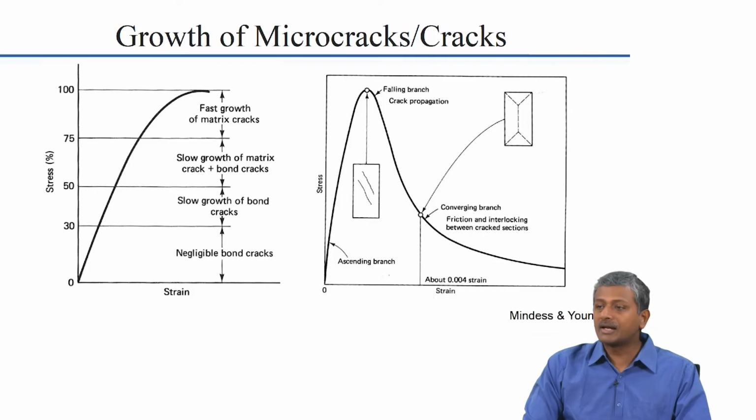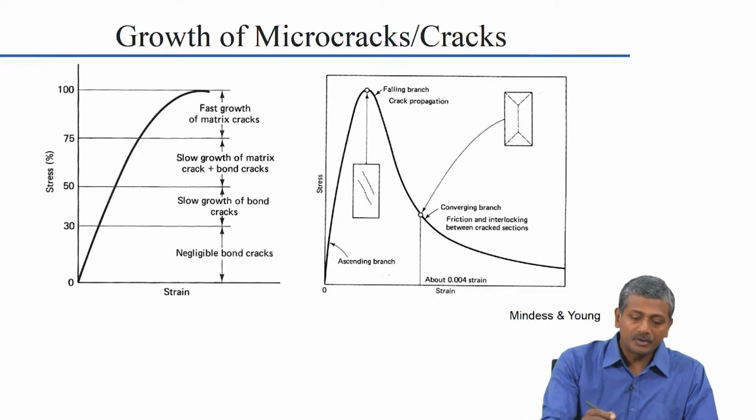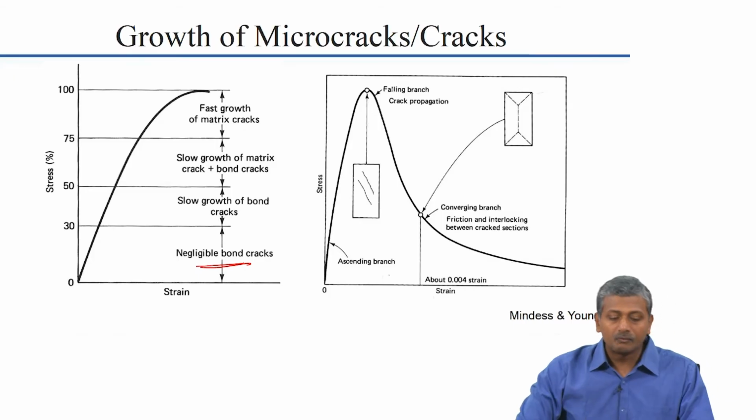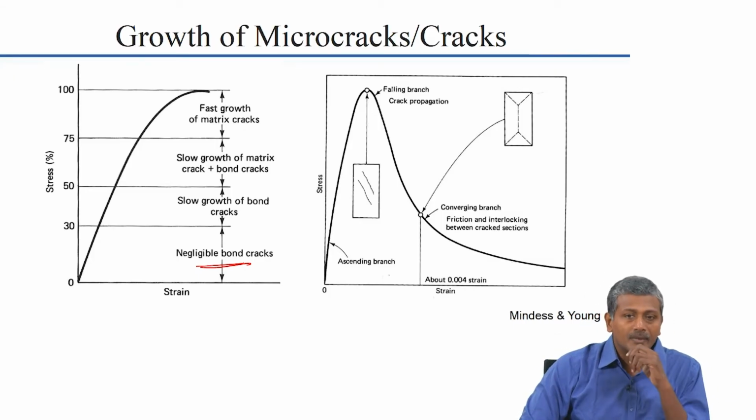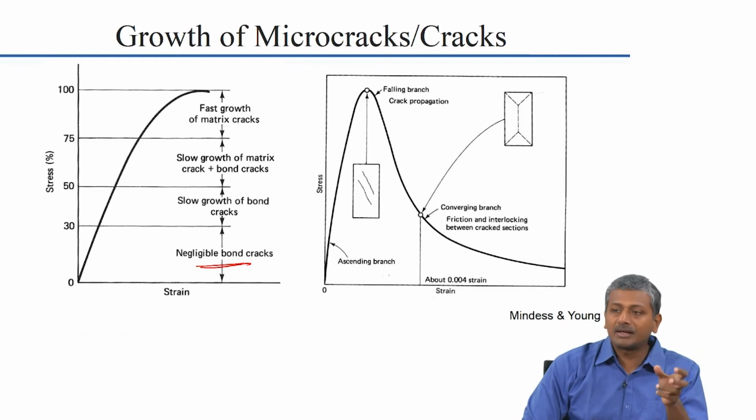Now, the microcracks or cracks within the concrete can grow at a steady rate. Okay. You know already that at a very low stress level, we can have some bond cracks which may or may not be negligible. Okay. There can be some significant cracking if there is substantial difference between the aggregate and paste characteristics specifically. Why do I say that?